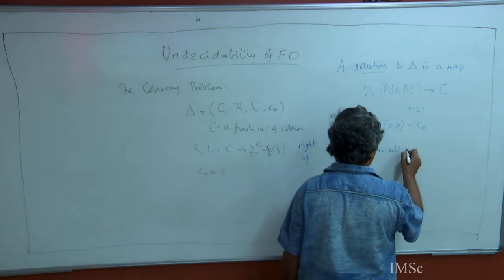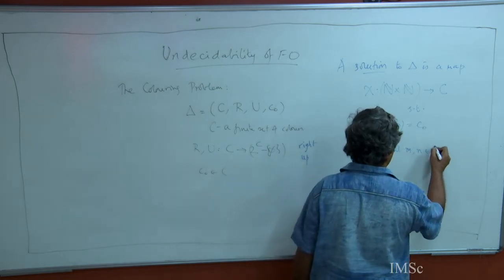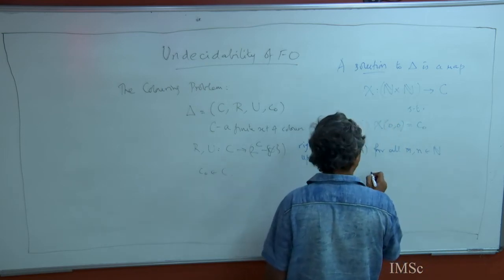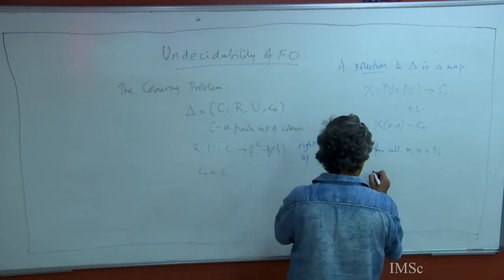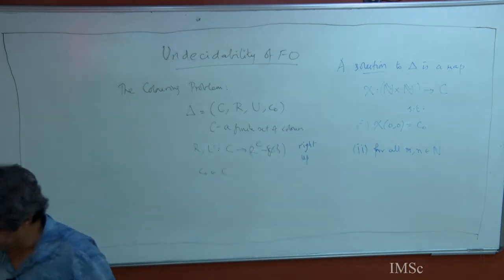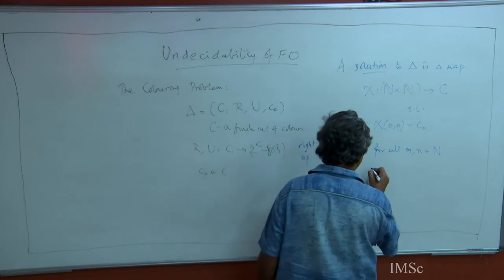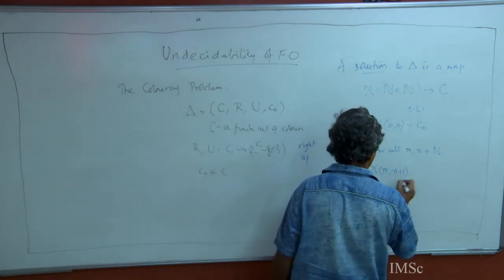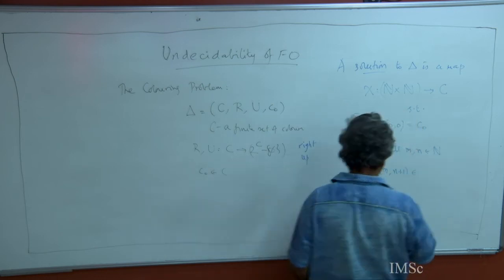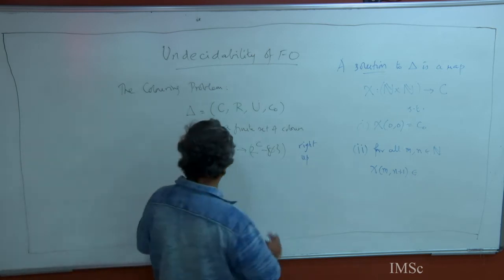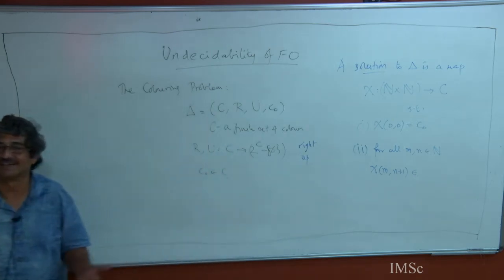And for all m, n belonging to N, what is it that we want? The origin gets color C0, a member of C, just some color that you are told.